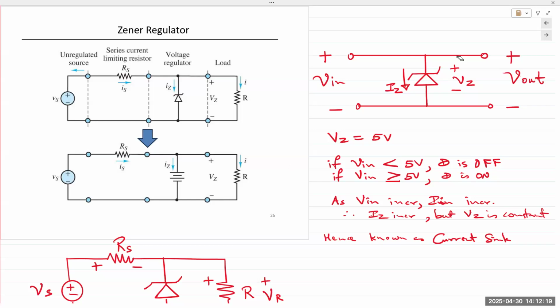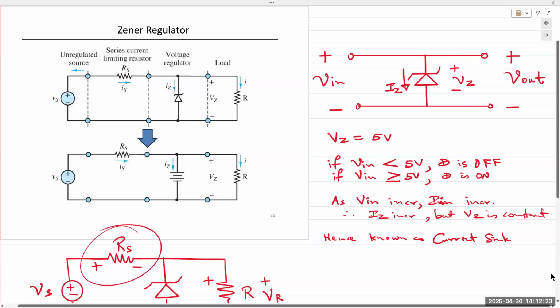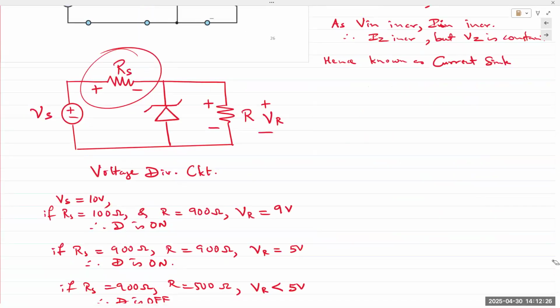So we cannot have V in the same and VZ the same at the same time, right? So we introduced a series resistor RS between the supply voltage and the Zener diode. The series resistor RS allows us to control the total supply current that's coming from our voltage source.